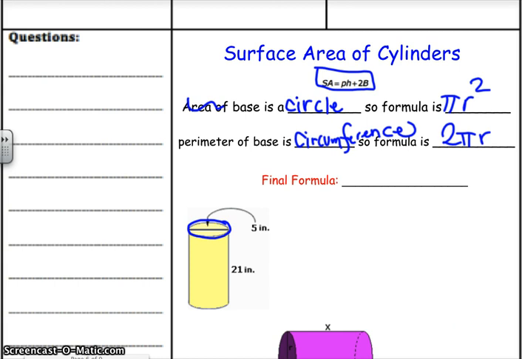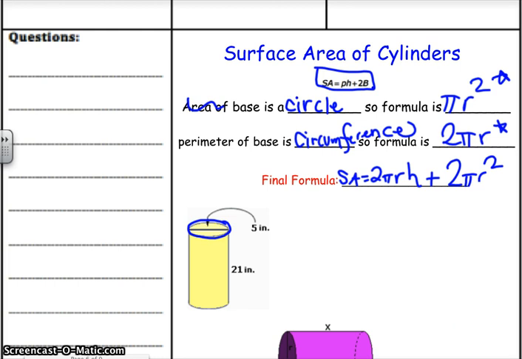So our final formula just goes from the first one. Surface area is equal to my perimeter, but my perimeter is right here, 2 pi r, times my height, plus 2 times my area of the base. Area of the base is right here, plus 2 pi r squared.